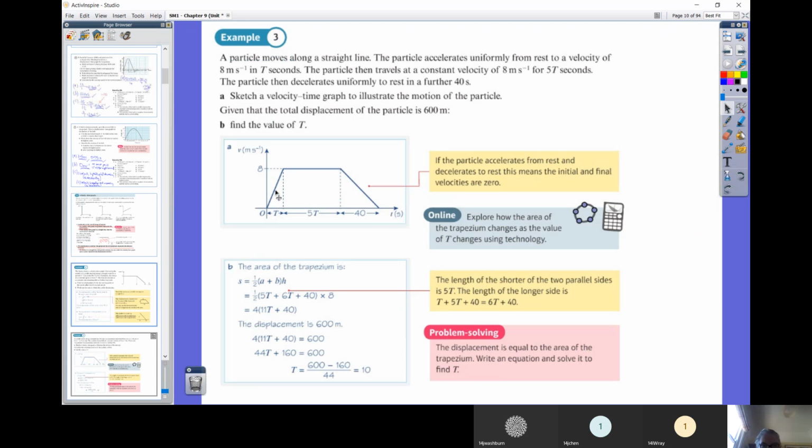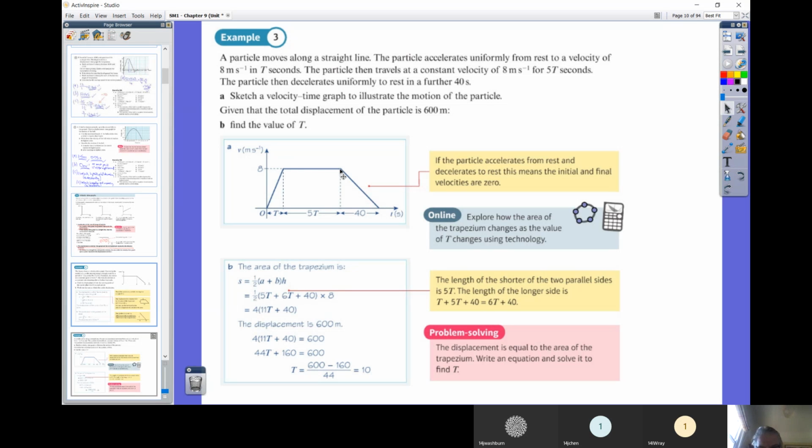Example 3, a classic sort of question here. We've got a couple of unknowns here, just following the information that we're given. Because they tell us that the total displacement is 600, we know the area under this graph has got to equal 600. Again, they're using the area of a trapezium, averaging our two parallel sides.